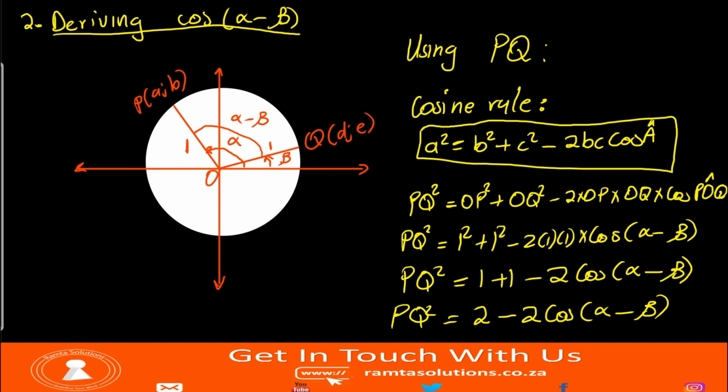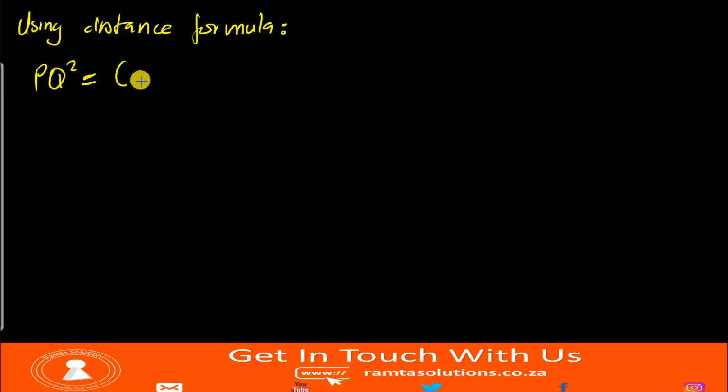Now, we are going to use the distance formula. Using the distance formula, we know PQ squared is equal to x of q minus x of p all squared plus y of q minus y of p all squared.